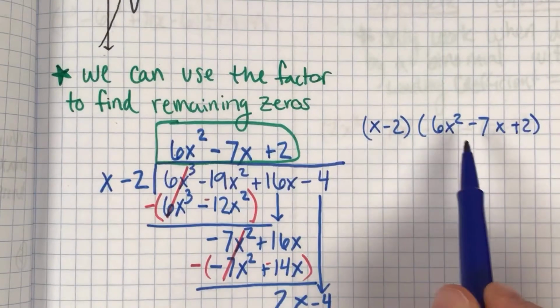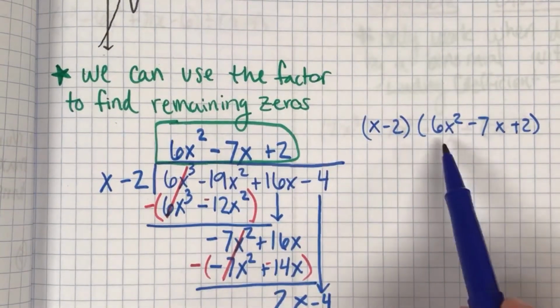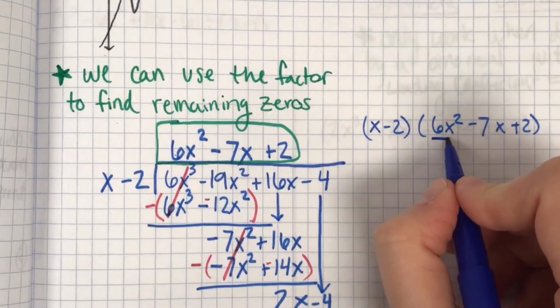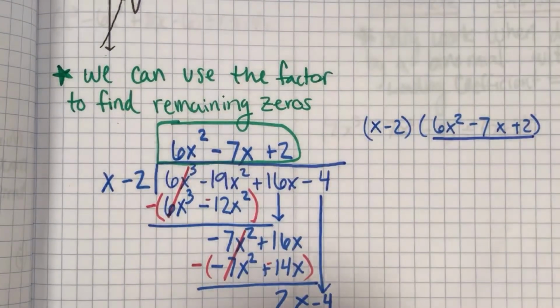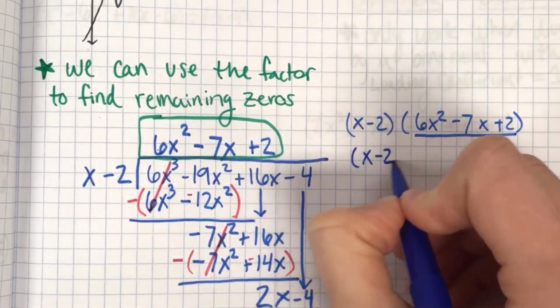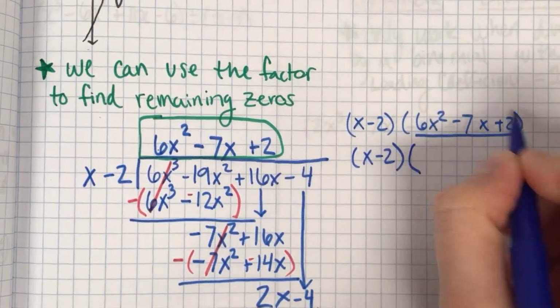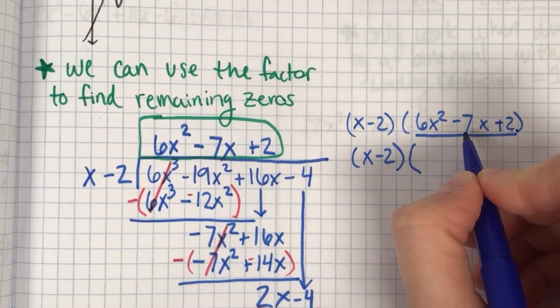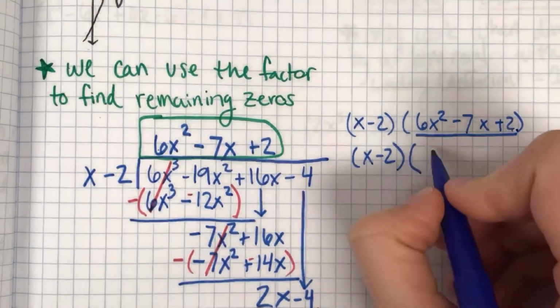That is our original equation that we started with. Then we can factor my 6x squared minus 7x plus 2. After we factor that, we'd think what multiplies to 12 and adds to negative 7, and then we would reduce our factors.